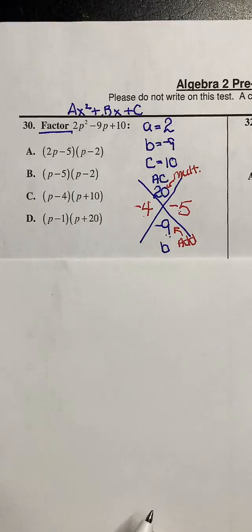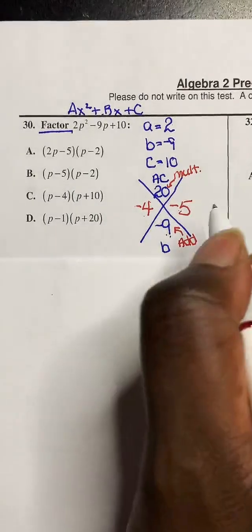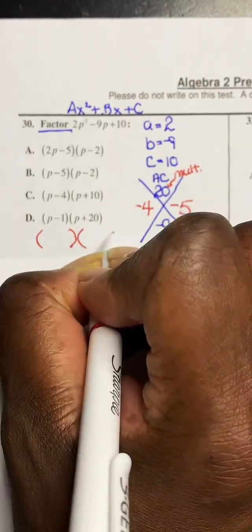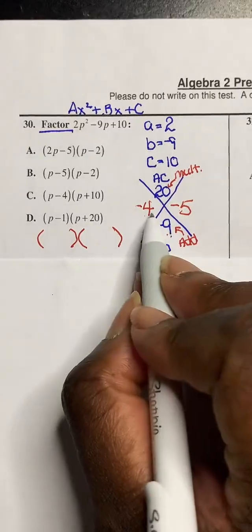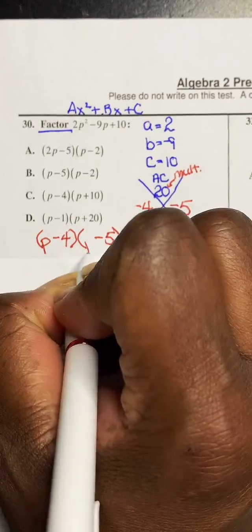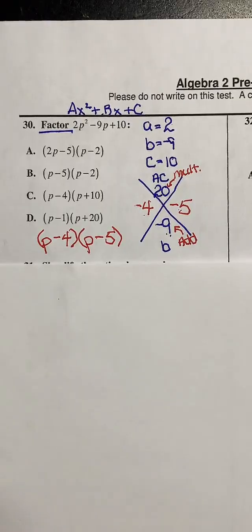So now this is when a lot of people do it one of two ways. They set up their parentheses, and then the two numbers that we found will go here and here. The variables that they're using are p's. So now we're not done.